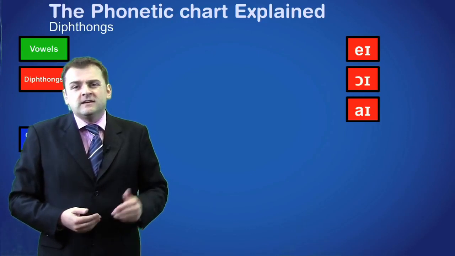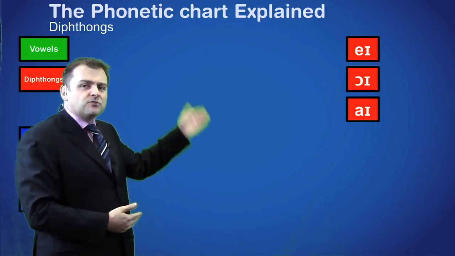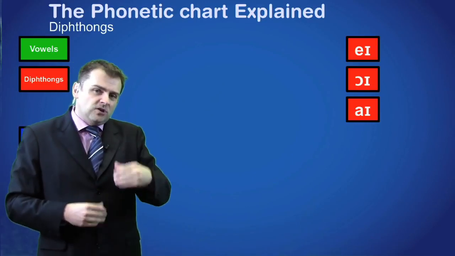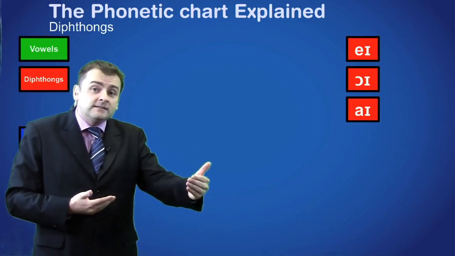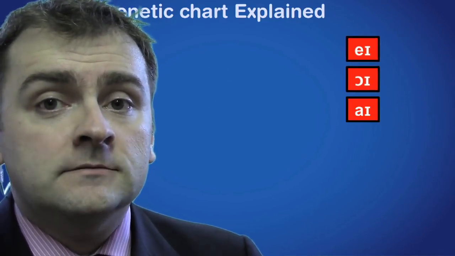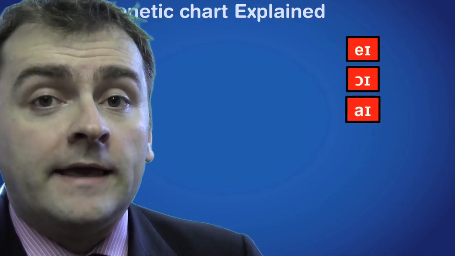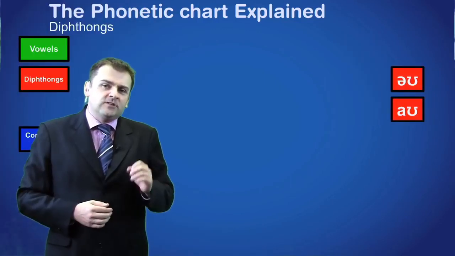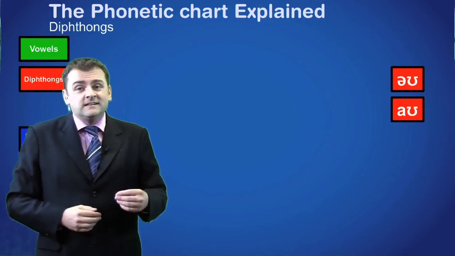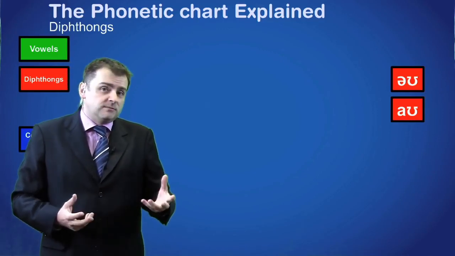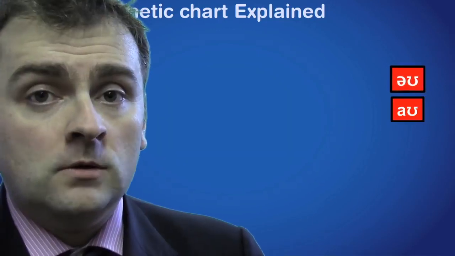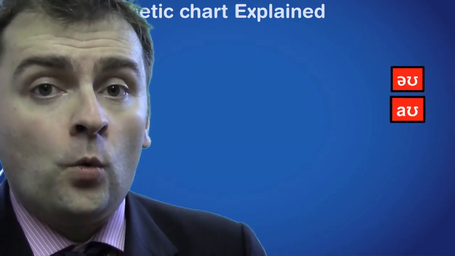We should note here that the symbol for these diphthongs are written with the I symbol, but the sound is often the longer but similar E. A, oi, and I. And in the third column, we have the U symbol. Again, sometimes the sound is more similar to the longer oo, as in O and ow.